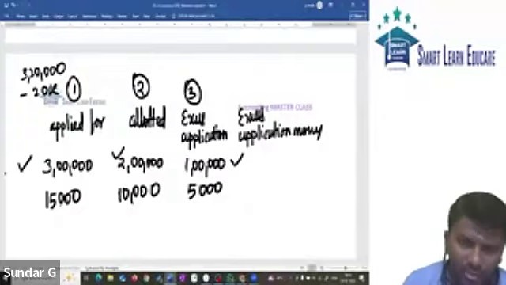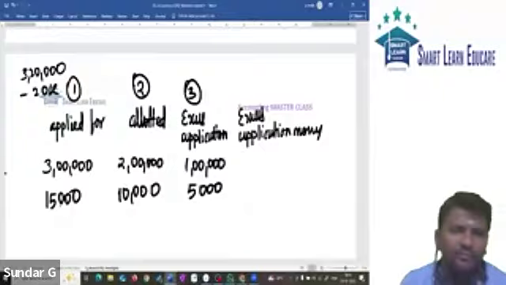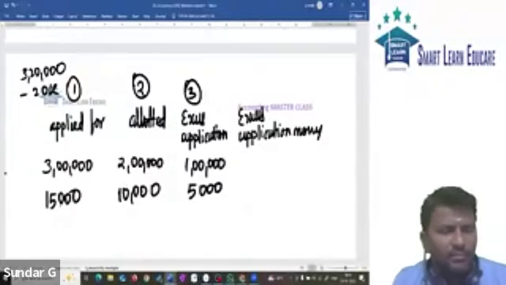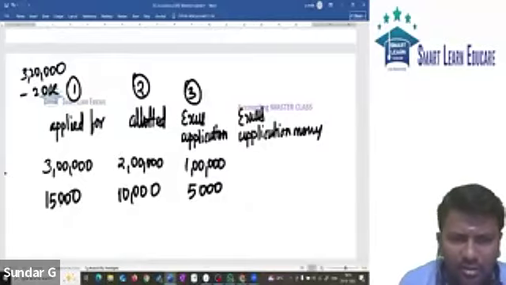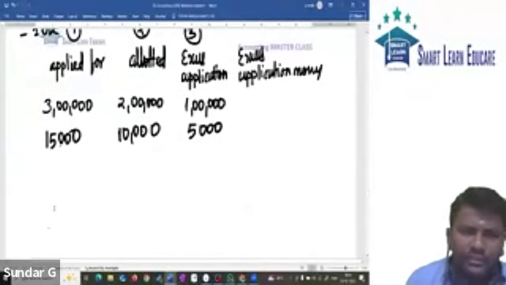We arrived at it using that. Now a very important concept, excess application money. First, what is excess application money? On how many shares? 5,000 shares.